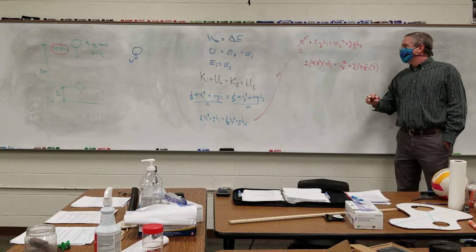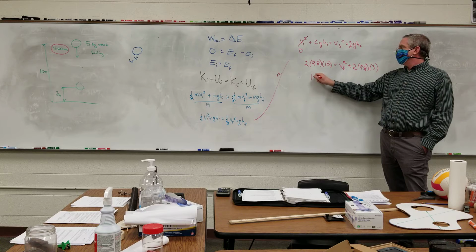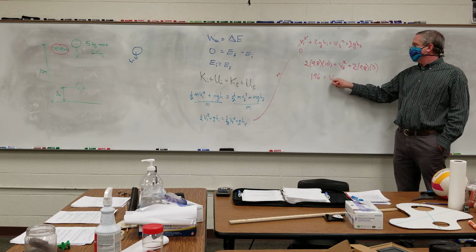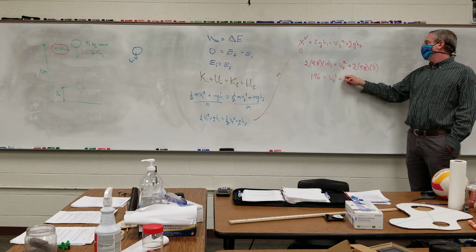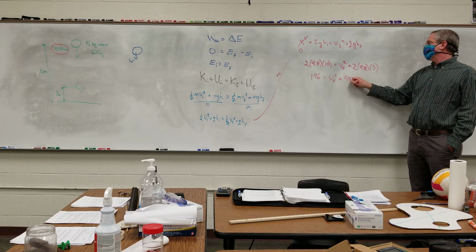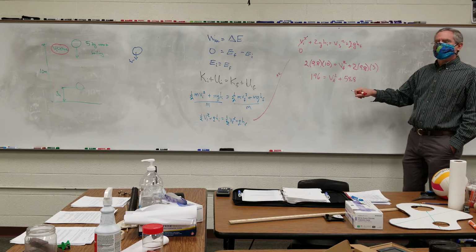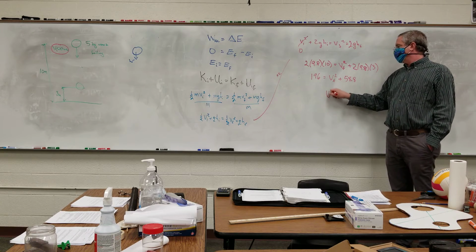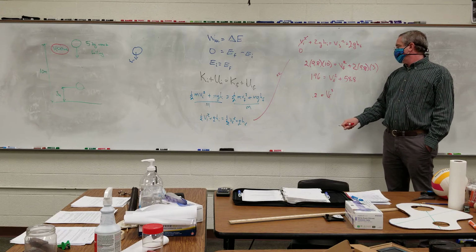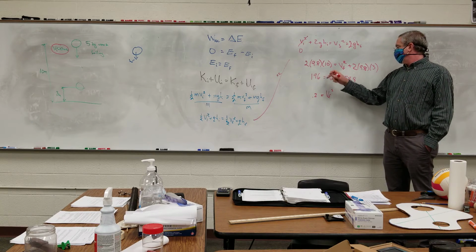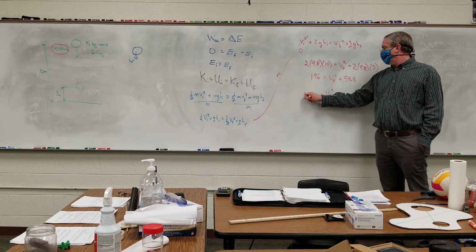Okay. All right, so this is 196. It's equal to VF squared plus 58.8. So VF squared is equal to 137.2.